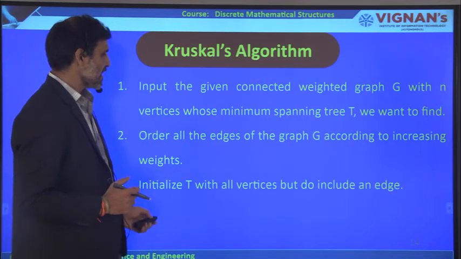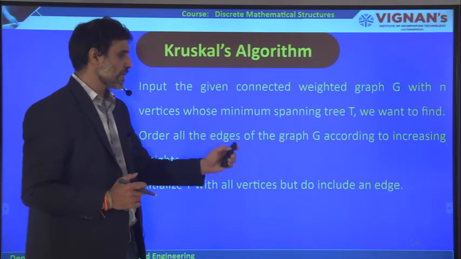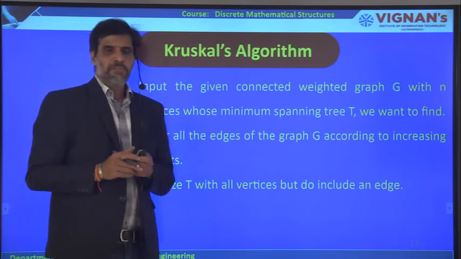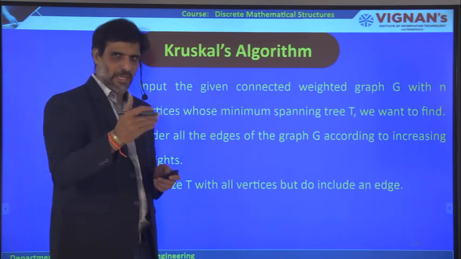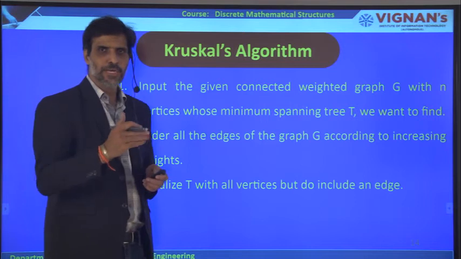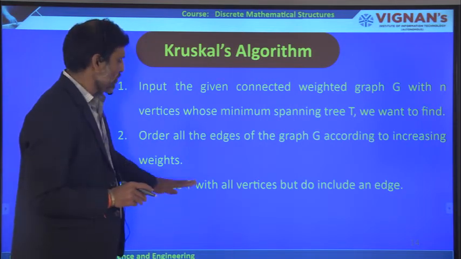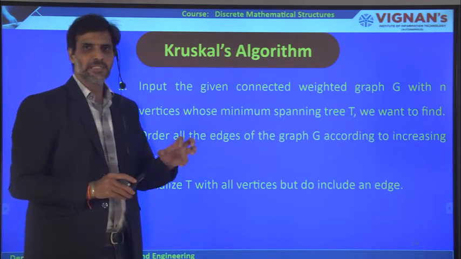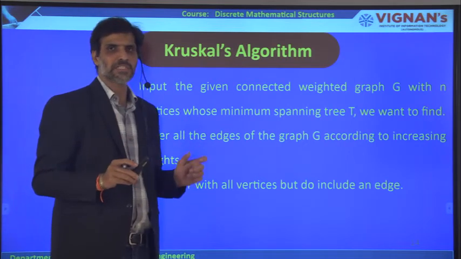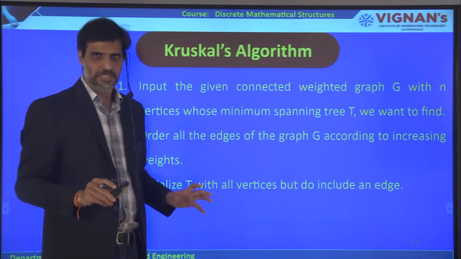Initialize T with all vertices but do not include any edge. What this means is that while building the spanning tree, you first initialize the graph with all the vertices.